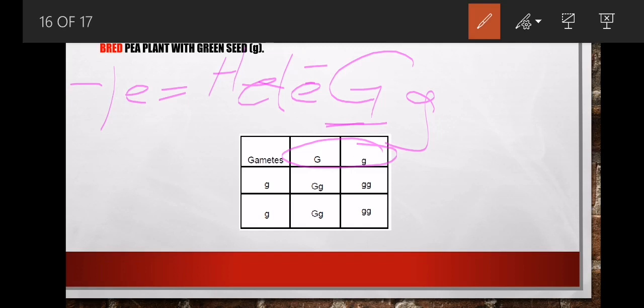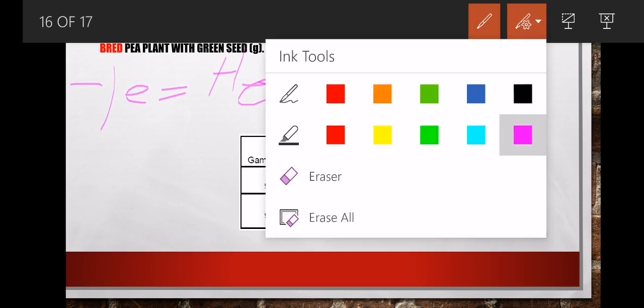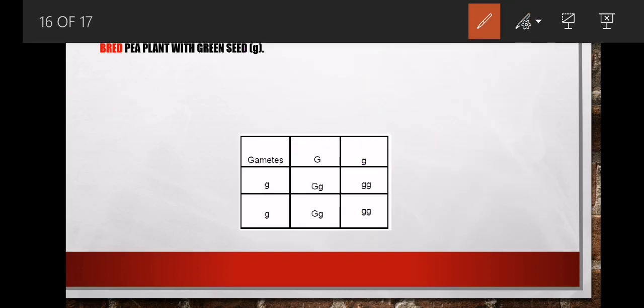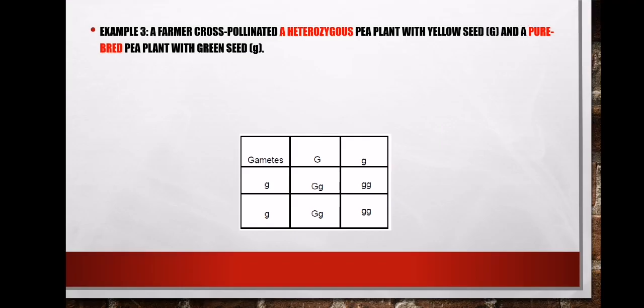Okay, fine. Let's look at this one. Now, they say you're crossing it with a purebred pea plant that is green. Purebred is linked with what? With homozygous. Masiti homozygous simply means that the alleles are similar or they are the same. So they say you use what?